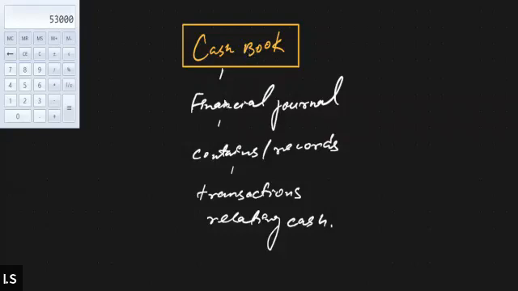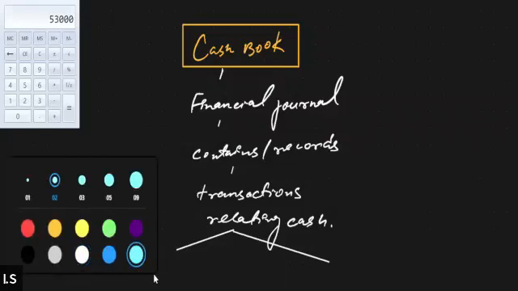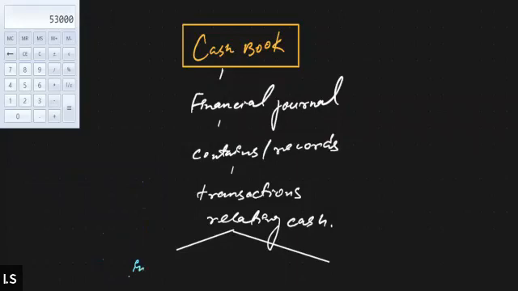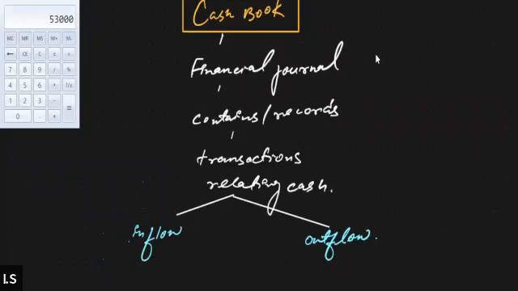So all transactions that lead to the inflow and outflow of cash throughout the year, all the transactions taking place in a business organization which are related to cash, need to be recorded at one place, which is called cash book.